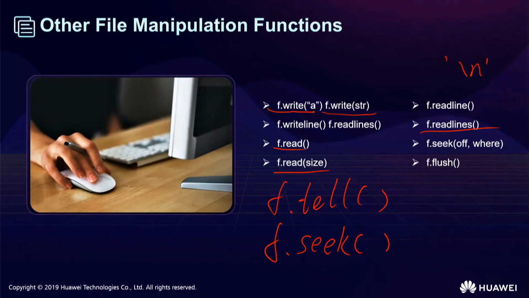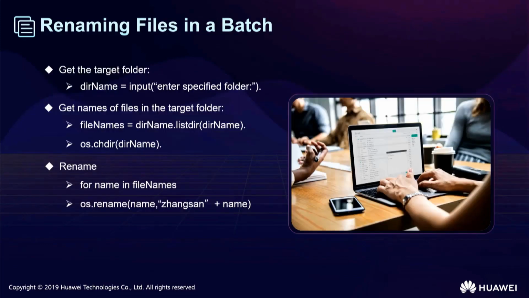And if we want to change our file names and there are many files, doing it by ourselves will take a long time. How do we do it efficiently? Here is the method: we can do it in a batch. Firstly, get the target folder, and then get the names of the files in the target folder.